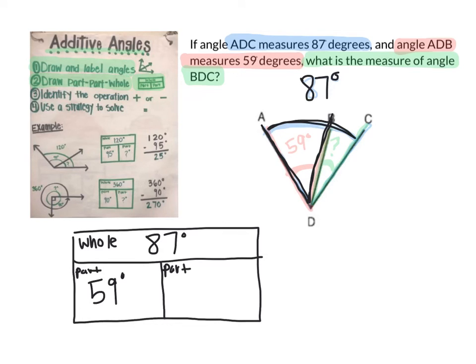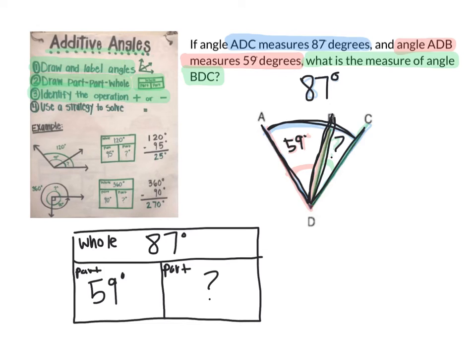Now my other part, which we just saw, that's what we're solving for. That's an unknown, so I'm going to put a question mark here. We are solving for that missing part. All right, so we're finished with our part-part whole chart. Next up, look at step 3. Identify the operation. To solve these problems, we're either going to add or subtract.